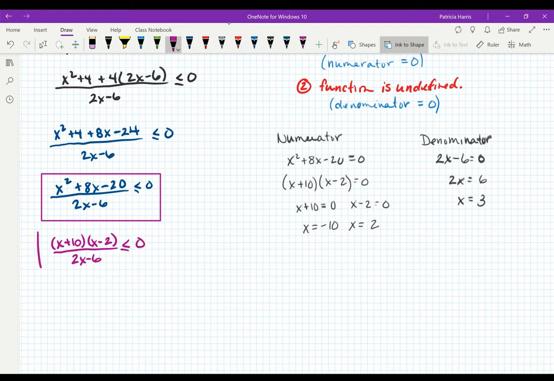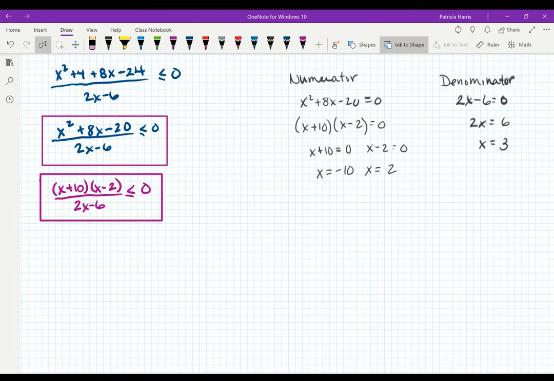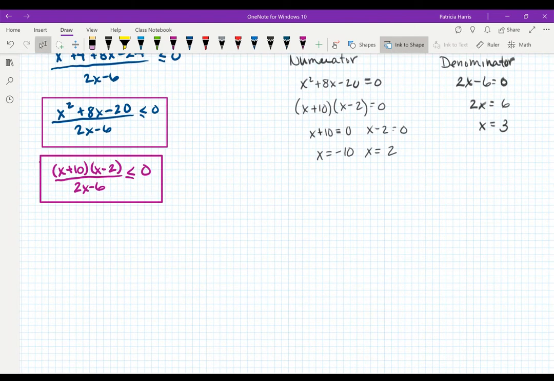All right, because I think the second one where it's factored might be easier for you to deal with. Okay, we can try them both if you'd like. Okay, I'll probably just stick with this one. Okay, so I need a number line.